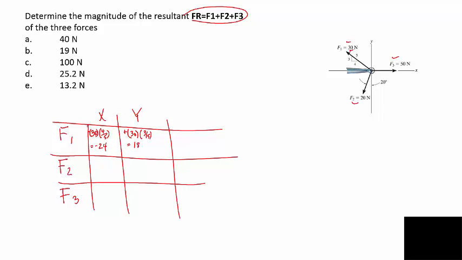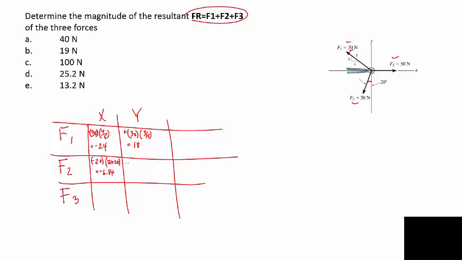And then F2, I know in X and in Y it's going to be negative, and I have 20, and depending on where you do the angle, I'm going to do the angle here. That's 20 degrees. So it could be minus 20 times the sine of 20. So this is negative 6.84.